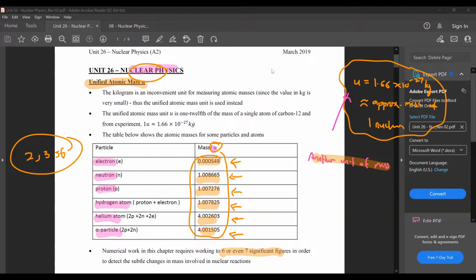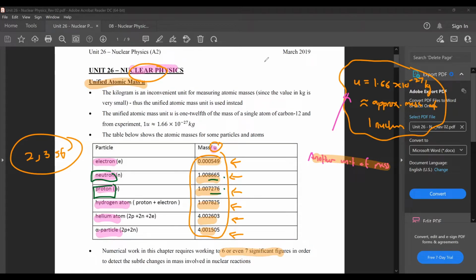For example, if I tell you the mass of a neutron versus the mass of a proton, these are the exact values in terms of U. Okay, you notice that up to 7 SF, you can actually see a difference in their value.